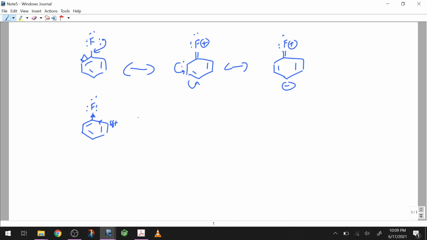So that problem does not exist for oxygen. For oxygen, the resonance is dominant. So the operative question for the oxygen is this. This is the resonance structure for the oxygen that we care about. It's very active at the ortho position.